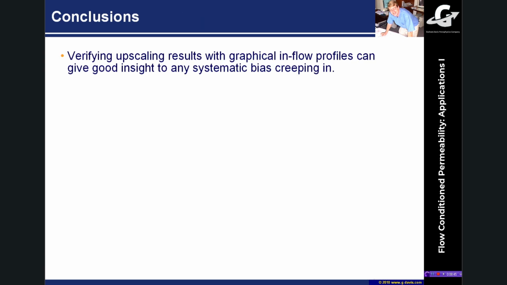Okay, so finally, in conclusion, I hope that I've shown in the early part of this presentation that by verifying the results of our upscaling processes with these graphical inflow profiles, we can get a good insight into any systematic bias that's creeping in, and also a good feel about what elements in our reservoir description are having the most impact and what are most significant to us, and that gives us a good insight for our reservoir modeling in general.